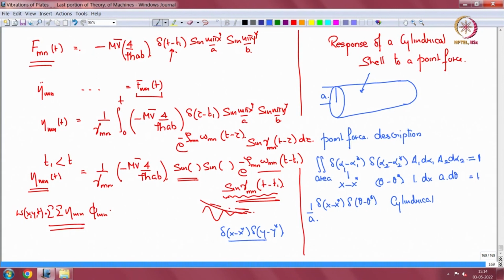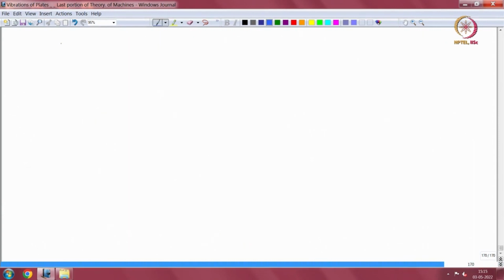Now the other point is this. Let us call it point 1 I wanted to make. The other is this. We are going to look at a simply supported cylindrical shell. Now we have seen this before when you have theta coordinate and closed in theta coordinate.